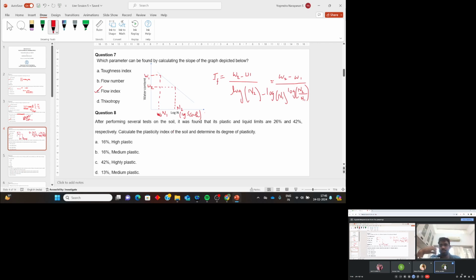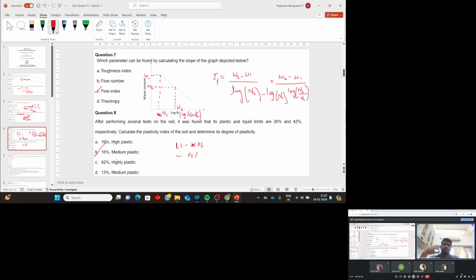So the plasticity index is liquid limit minus plastic limit, and it will be 16%, rightly said. And here, based on the chart given in the lecture, it will fall under medium plastic.